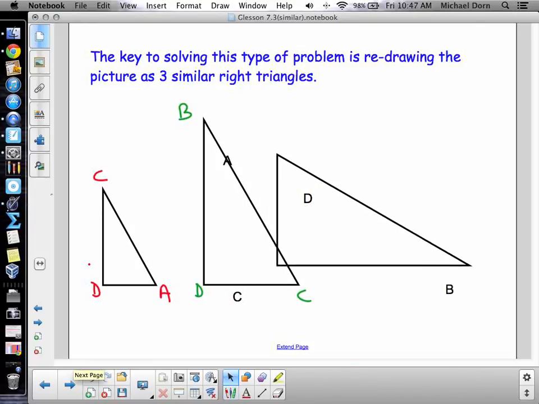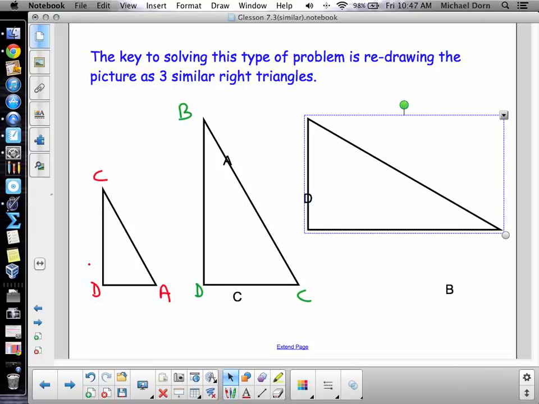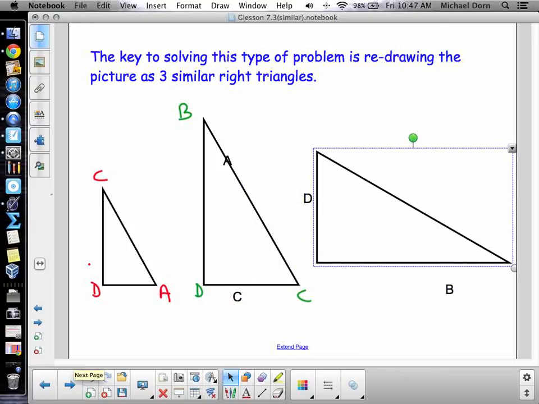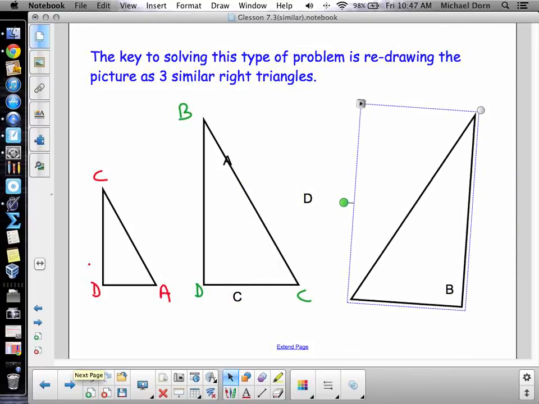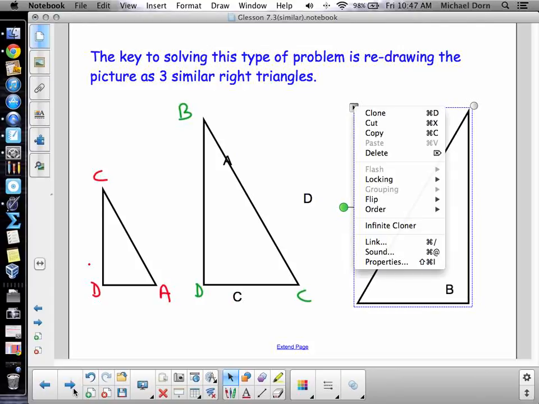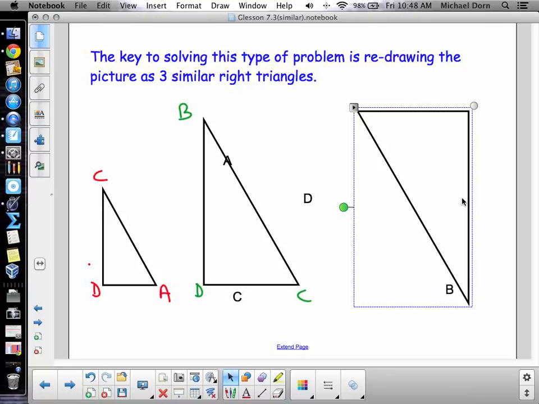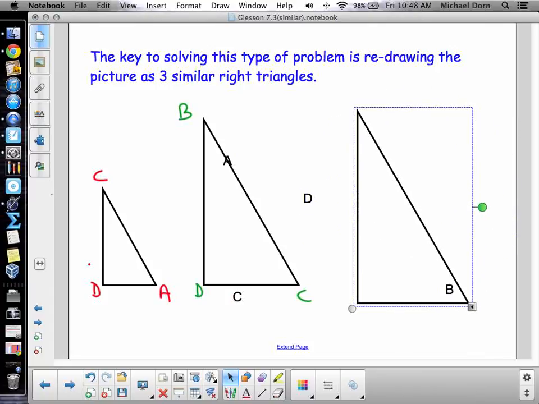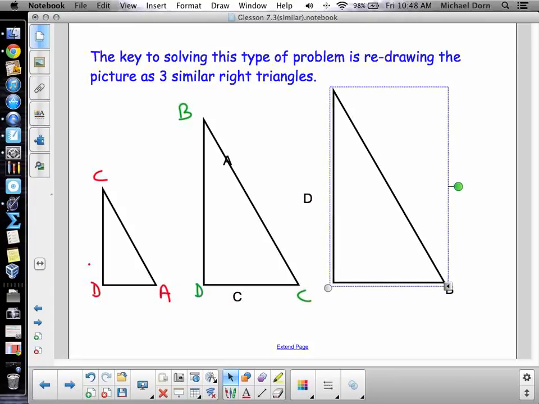And finally, we have our outer triangle here. And our outer triangle, C is the right angle. And I'm going to rotate this, but I'm not going to just rotate it. I'm also going to have to flip it. I have to rotate it again. Okay.